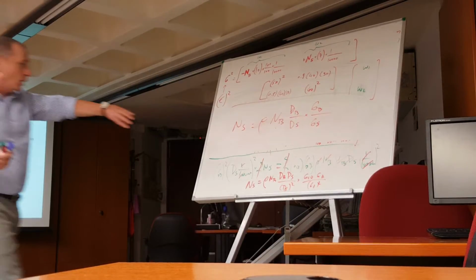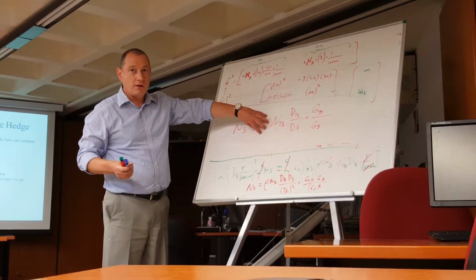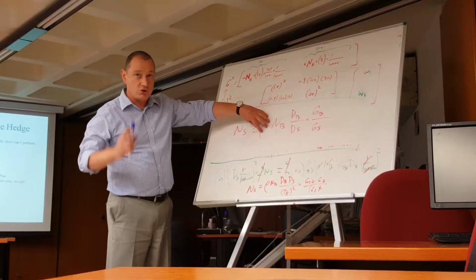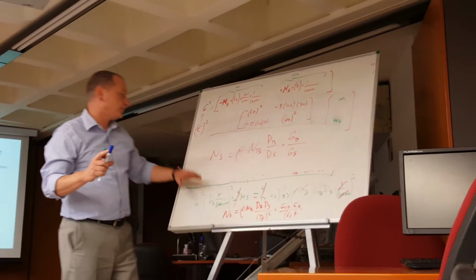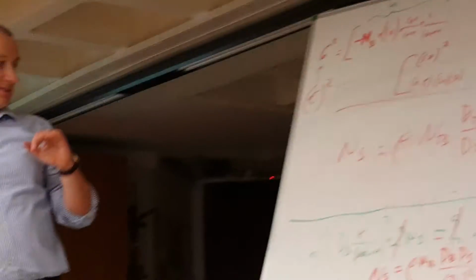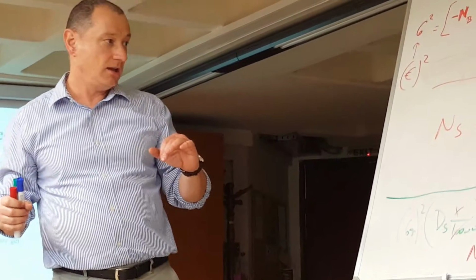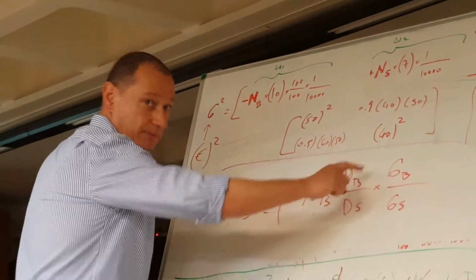Now, if rho is 1 and the ratio of the sigmas is 1, then my minimum variance hedge, okay, is essentially a duration matching. It becomes NS times dS equals NB times dB.